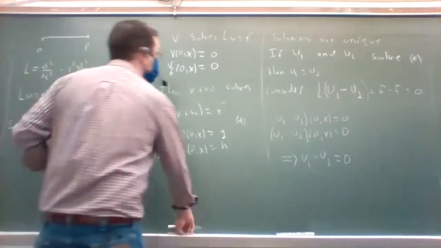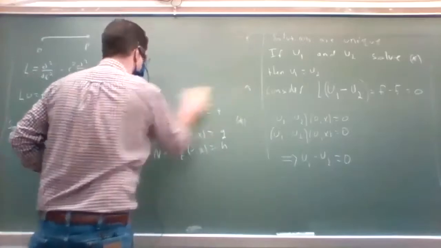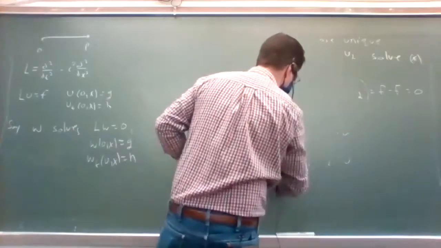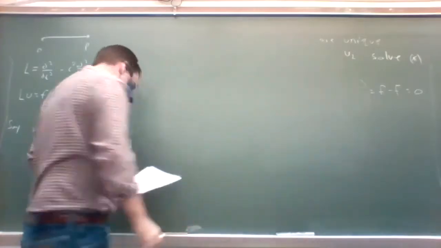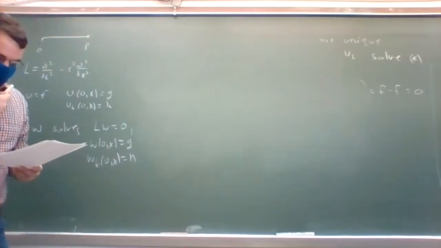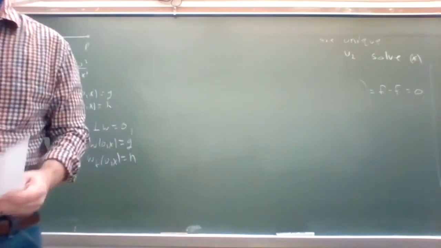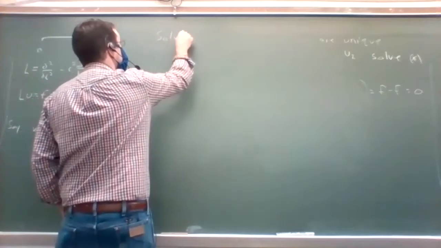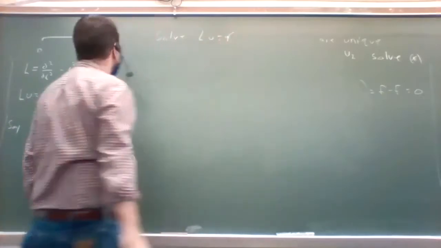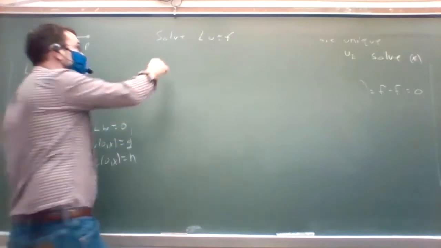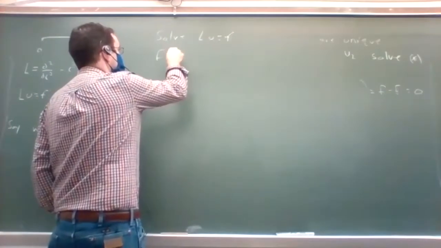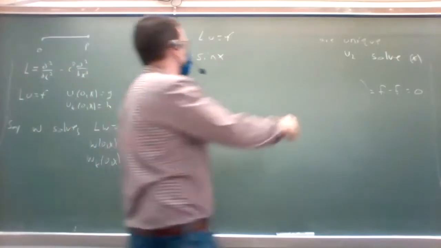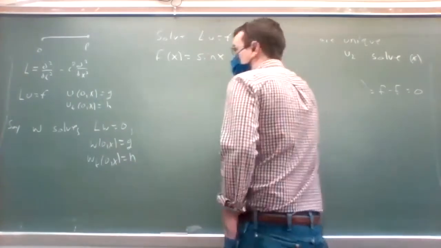So the first thing that I want to do, and maybe I'll make this partially a class exercise, I want to say, let us solve Lu equals f, so this L, and let's just take f of x equals sine of x, and let's solve it on the entire real number line.